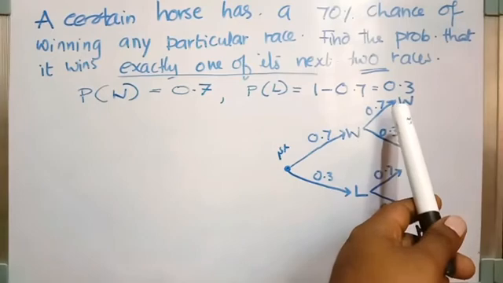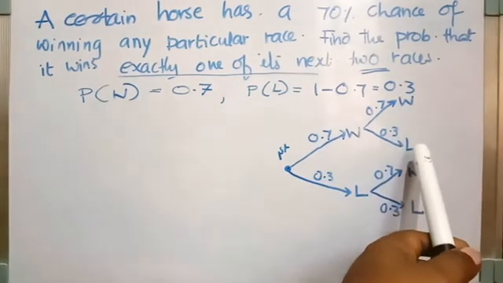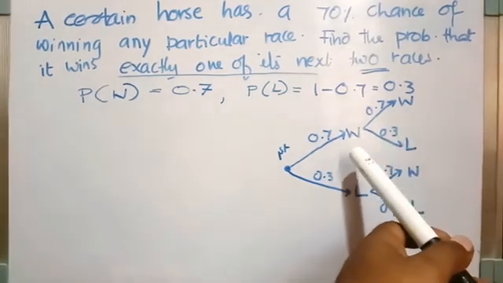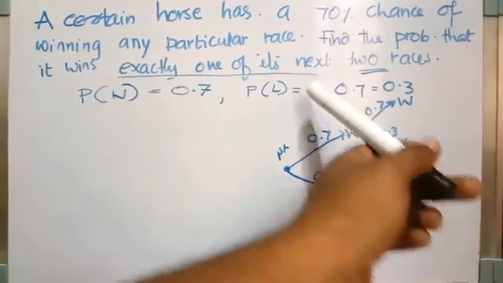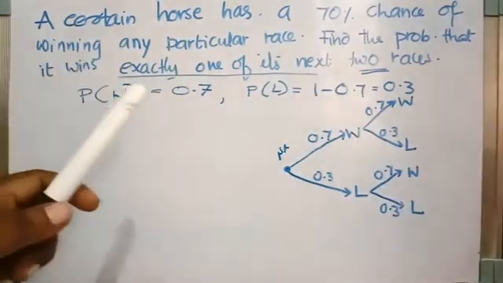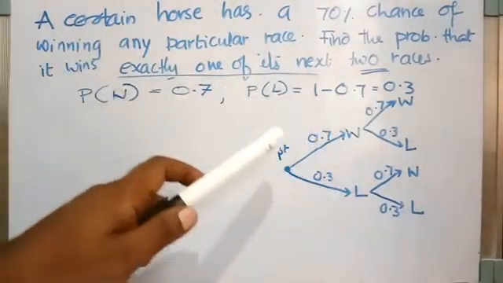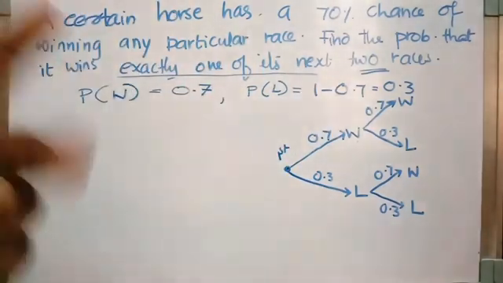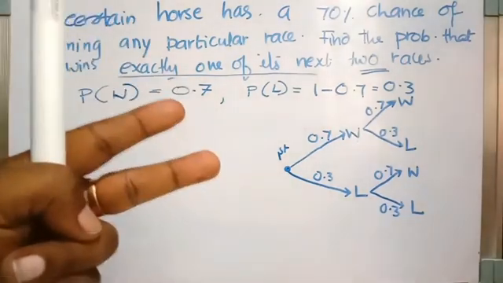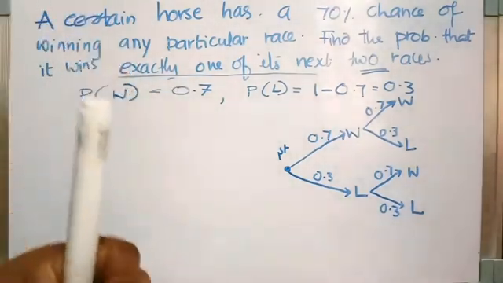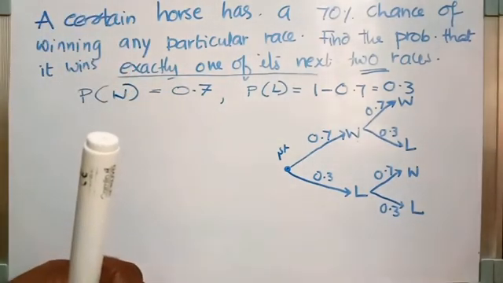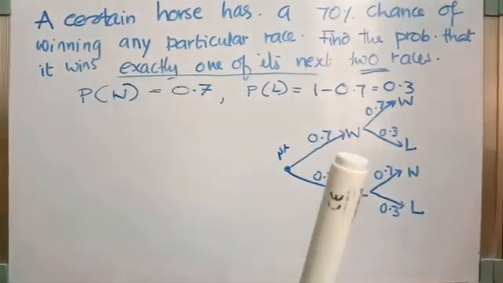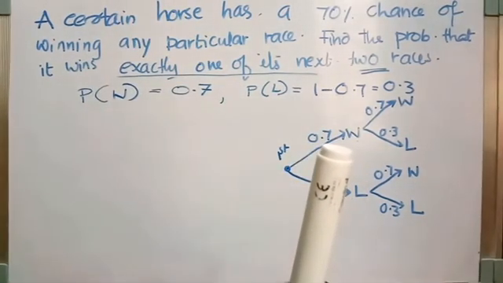No. The second win or lose does not depend upon the first one. That means these 2 events, first race and second race, are occurring without being affected by the occurring of the other.